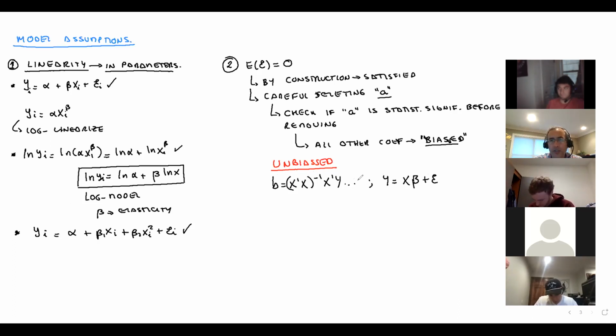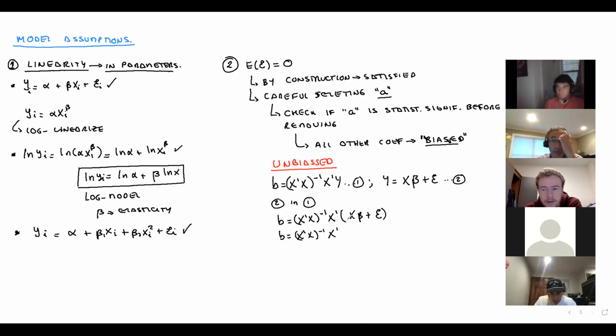Let's call this 1 and this 2. What I will do is substitute 2 in 1. So B equals X prime X to the minus 1, X prime, replacing Y with all this one here. Then I simply multiply, and it's the same as normal algebra. First I multiply by this element, X times beta, plus X prime X to the minus 1, X prime epsilon.